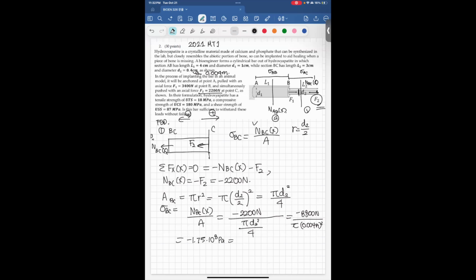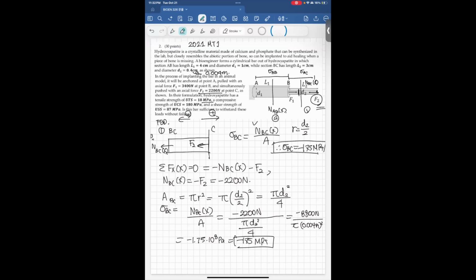Because all the ultimate stresses are in megapascal, I'm going to convert it into megapascal too, so it's easier to compare. This is 175 megapascal. So we got that sigma of BC is equal to negative 175 megapascal.